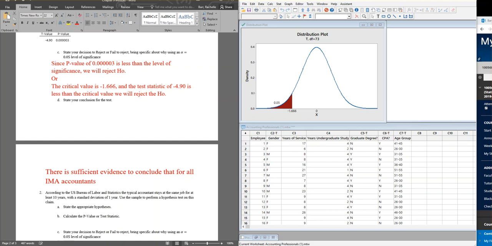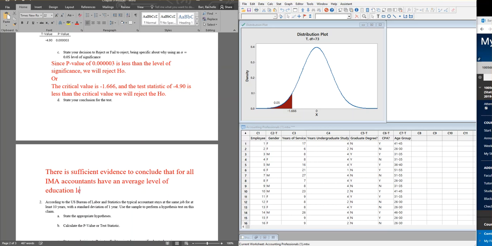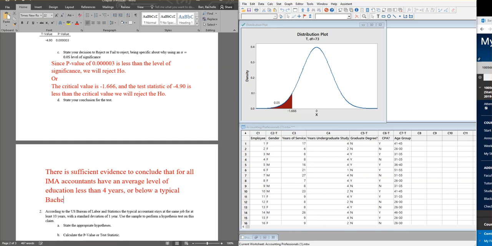So all IMA accountants have an average level of education less than 4 years, or below a typical bachelor's degree.